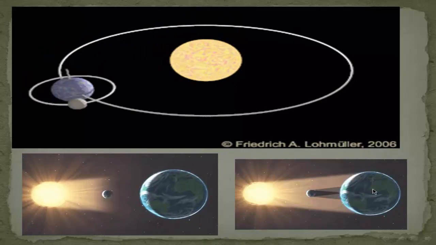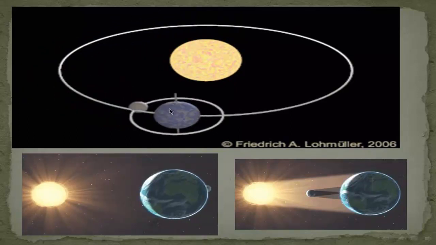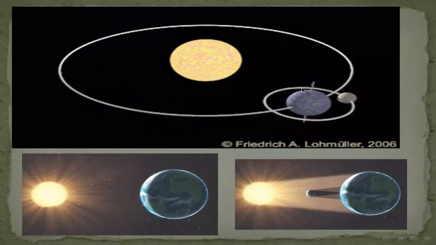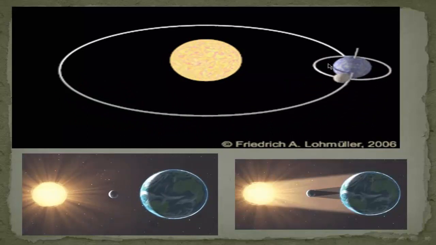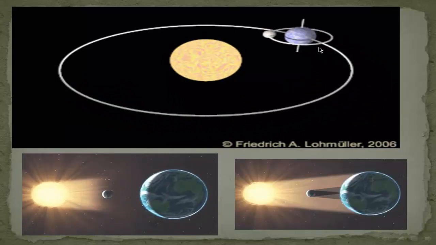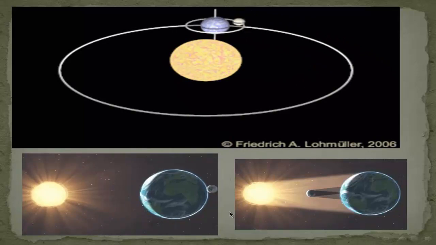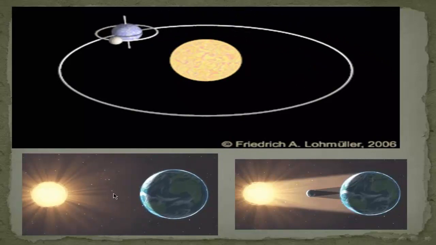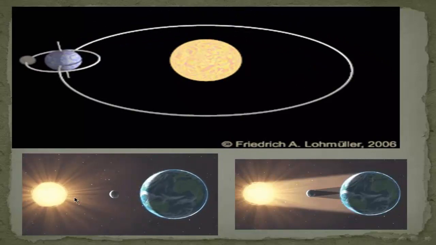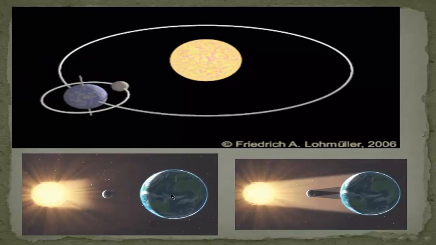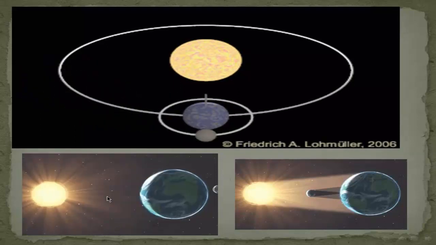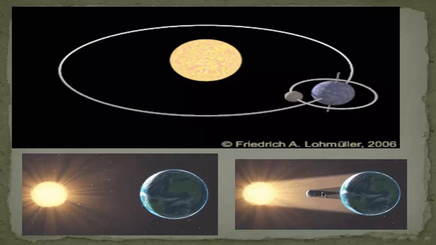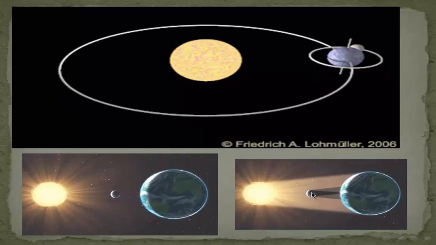Again, as we know, the Earth rotates around the Sun in an oval orbit and the Moon rotates around the Earth in an oval orbit. At one moment, the Moon lies between the Sun and Earth. And as we know, the Moon is a dark body.